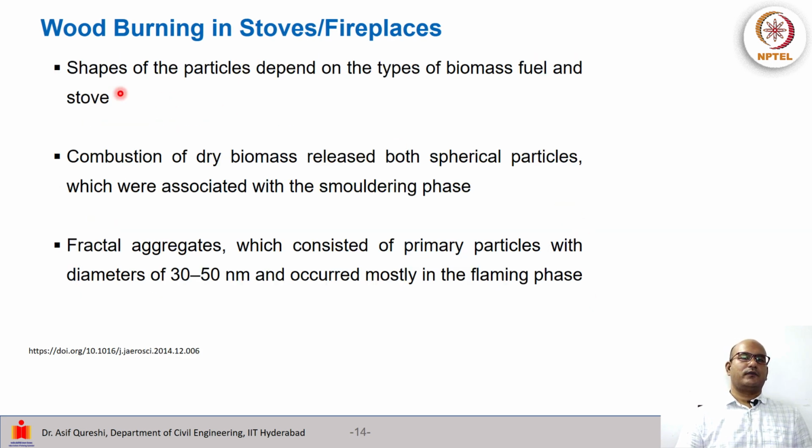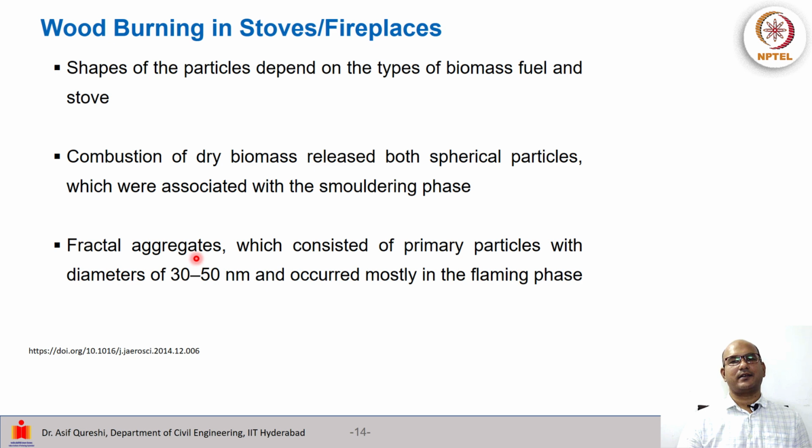Now we were looking at particle number size distributions. Even the shape of the particle will depend on the type of biomass fuel and the type of stove. For example, the combustion of dry biomass has been shown to release spherical particles which were associated with the smoldering phase.